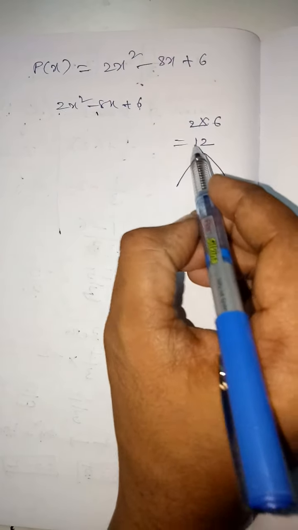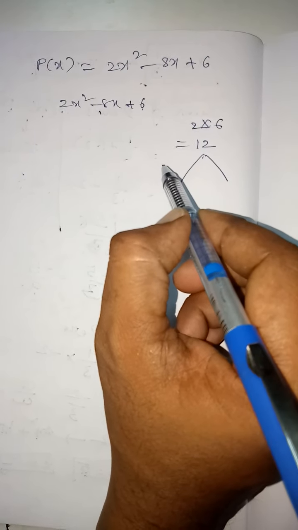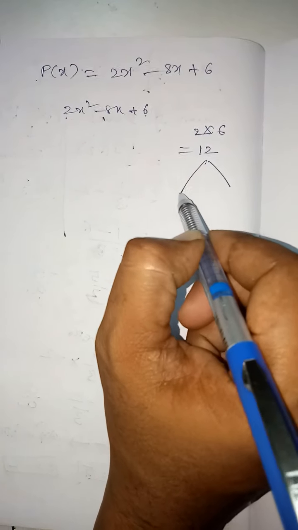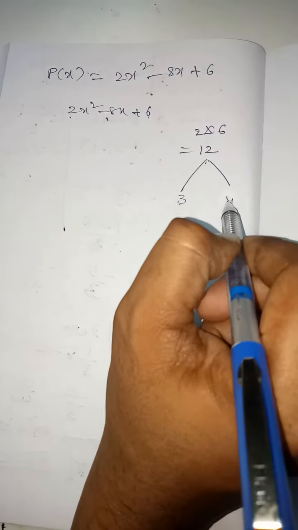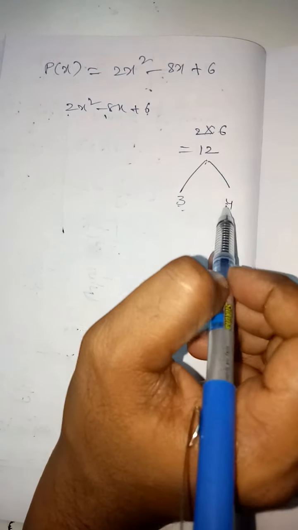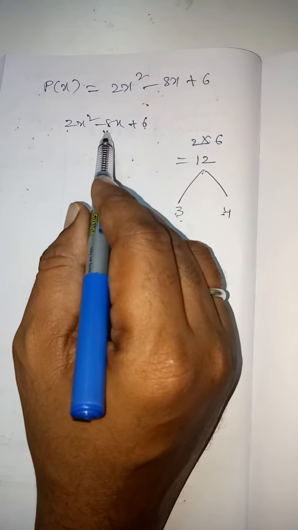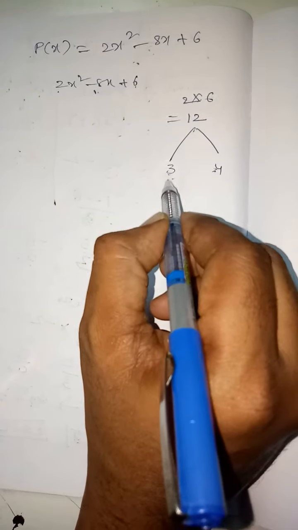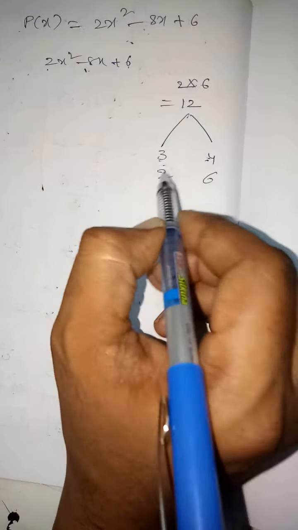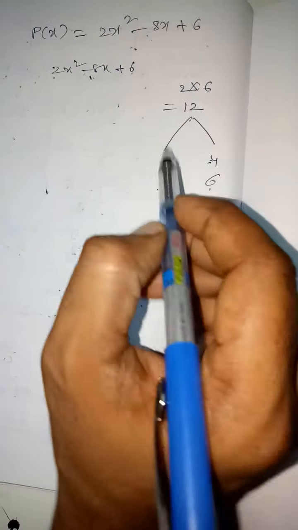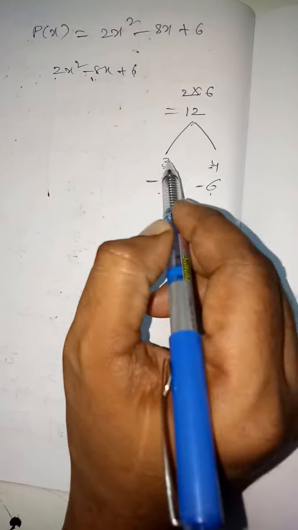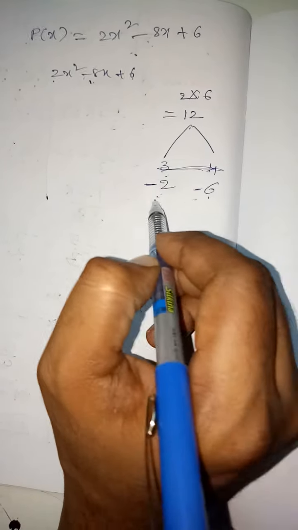Can you guess? 4 threes are 12, but 3 plus 4 is 7. What is required is 8. So 2 sixes are 12, and 2 plus 6 is 8, but here negative 8 is required, so minus 2 and minus 6. These two are the required factors.